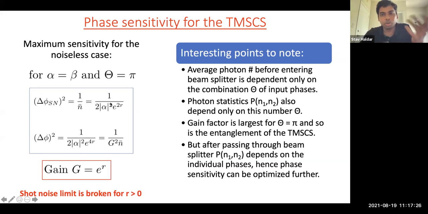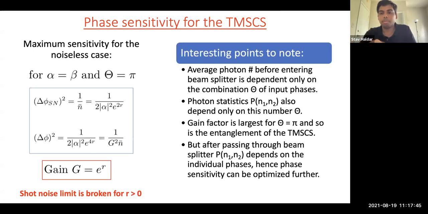So this should already settle the case that at theta equal to pi you will get the best sensitivity, but there are some points that lead you to the realization that this may not be the end of the story. The average photon number just depends on the combination theta, and so does the photon number statistic.